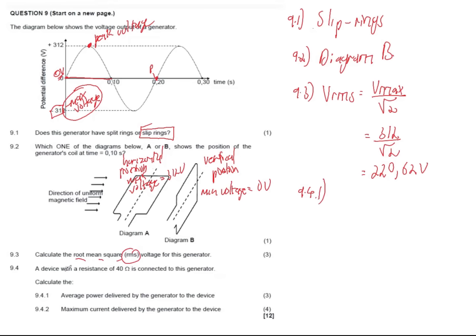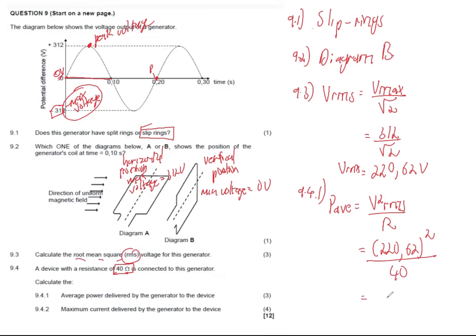Then 9.4, so 9.4.1. We are told a device with a resistance of 40 ohm is connected to this generator. Calculate the average power delivered by the generator to the device, right? Since we are given resistance here, and we have also calculated the VRMS, the formula we'd have to use here is P average equals V squared RMS over R. So we'll now put the VRMS as 220.62 and square it, and down here we put our resistance of 40.